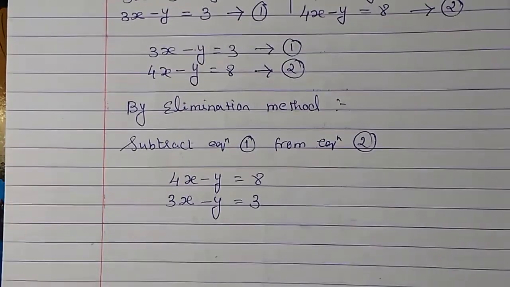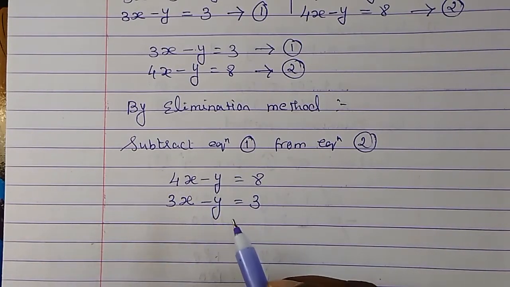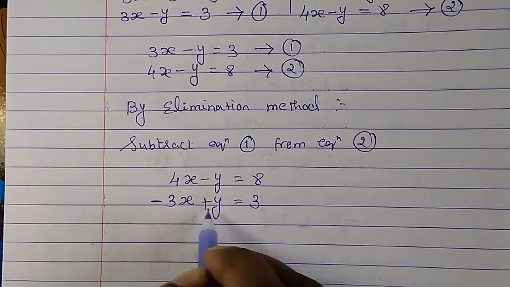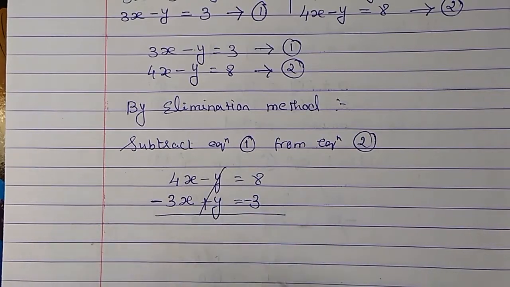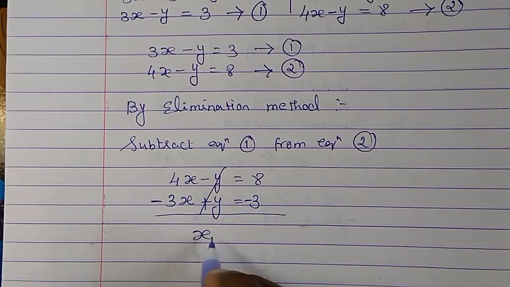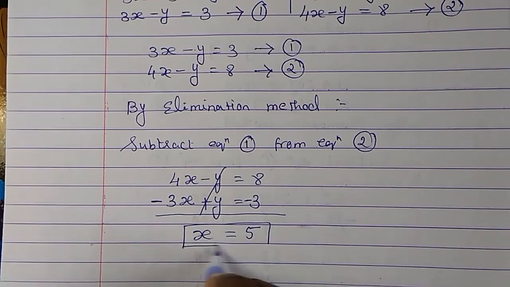To subtract, we have to change the signs. So this becomes minus, this becomes plus, this becomes minus. Now the y gets eliminated. 4x minus 3x will give us x. 8 minus 3 will give us 5. So we got the x value.